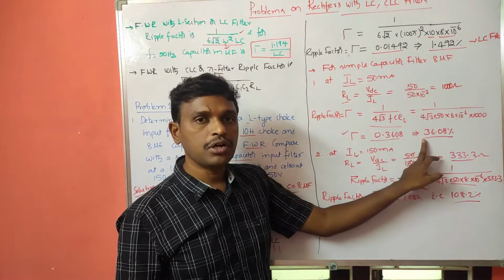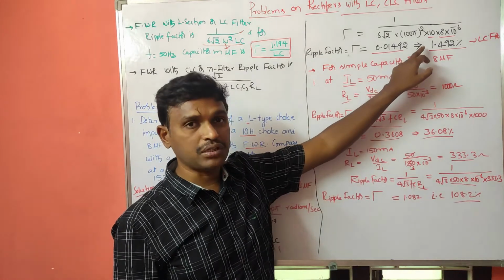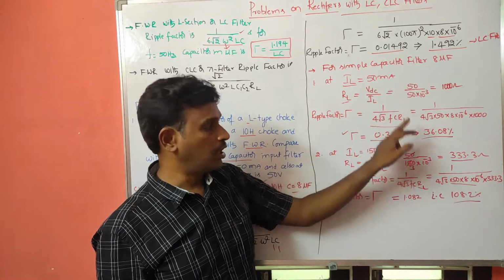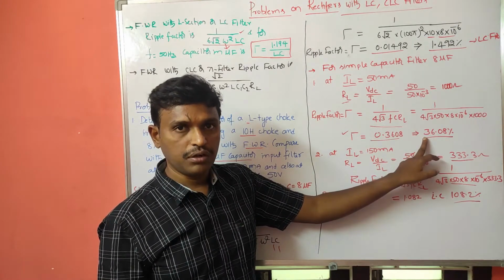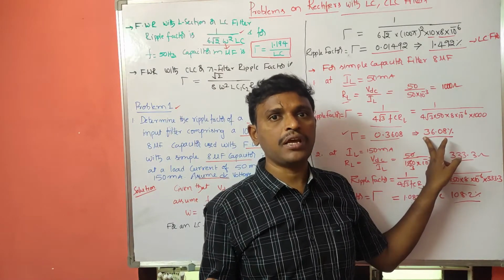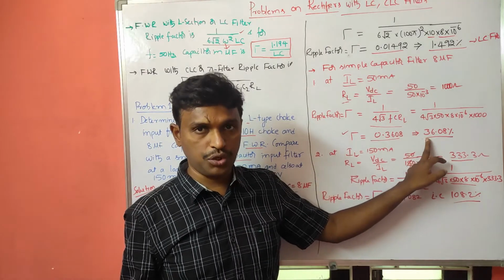But here we have 36.08%. Okay, so as compared with the LC filter, if you consider IL equal to 50 milliamperes, the ripple factor is increased. That means the ripple voltage or the AC voltage present in the output will be increased from 1.492% to 36.08%.